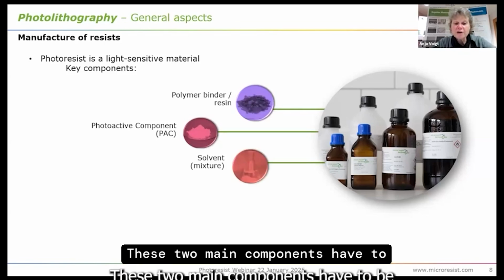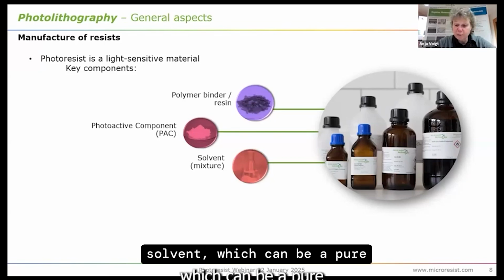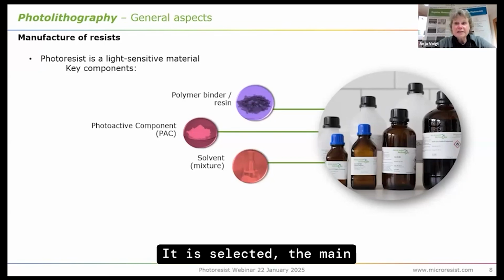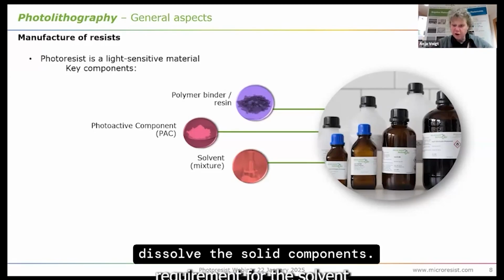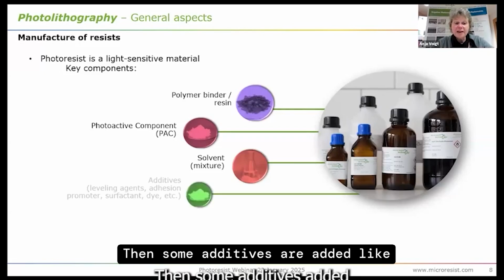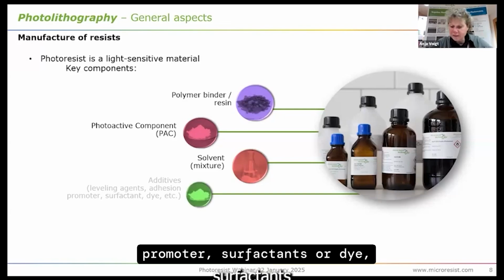These two main components have to be clearly dissolved in a solvent, which can be a pure solvent or a solvent mixture. The main requirement for the solvent is to dissolve the solid components. Then some additives are added, like leveling agents, adhesion promoters, surfactants, or dye, depending on the photoresist.